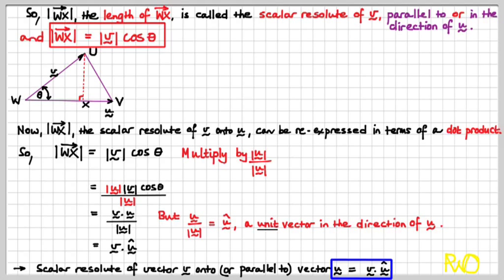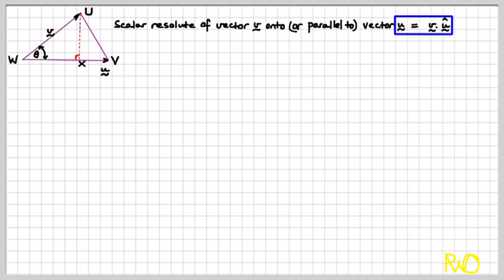Well, if you've got V dot U, that expression includes the length of U, and you don't want the length of U. It's got nothing to do with anything. We just want the scalar resolute of V onto that horizontal side of the triangle, WV. So that's why you want the U hat in there, because that means you're dividing by the length of U.